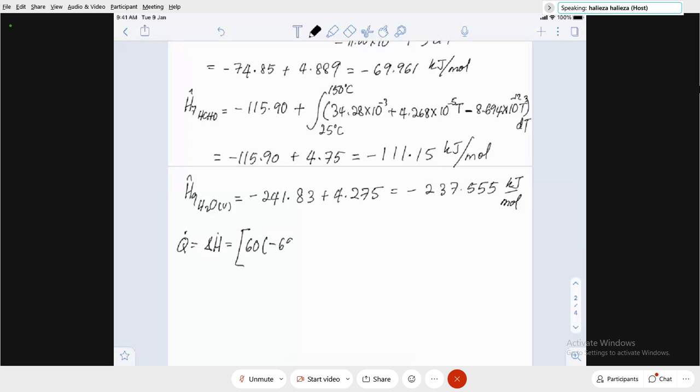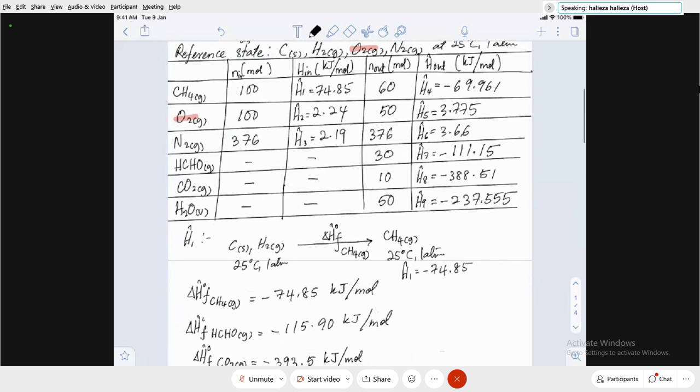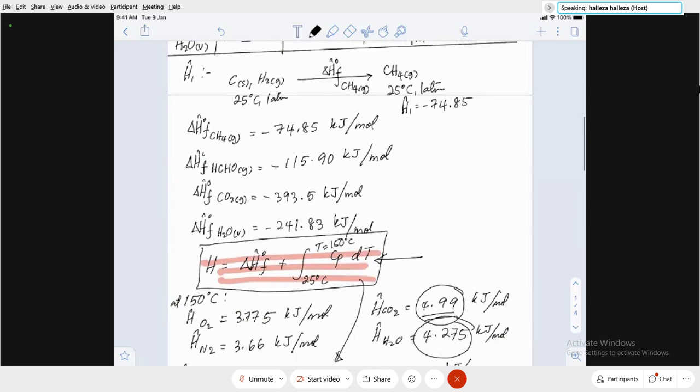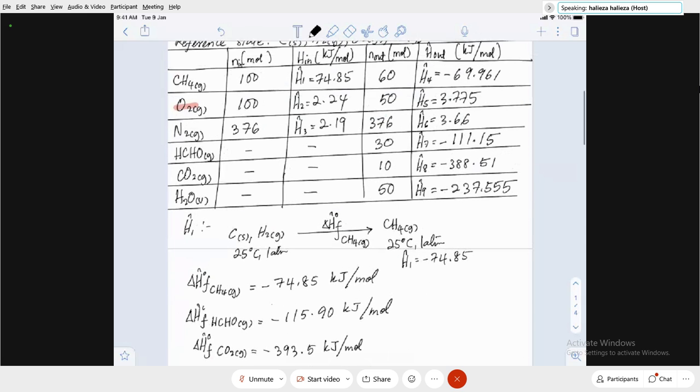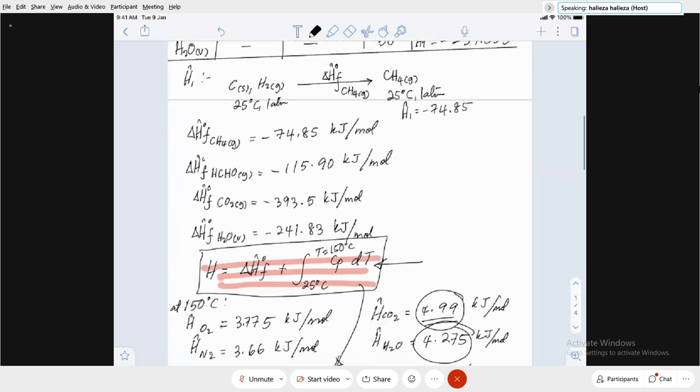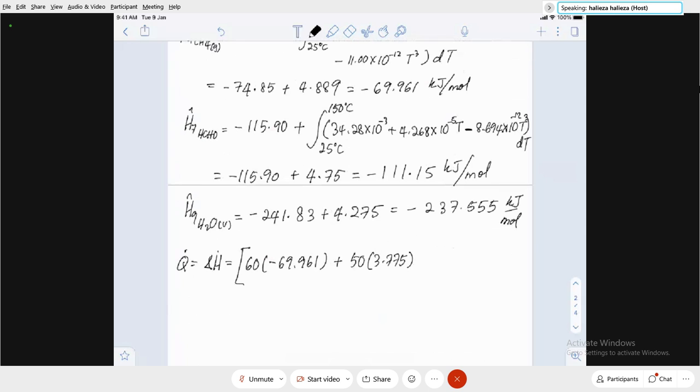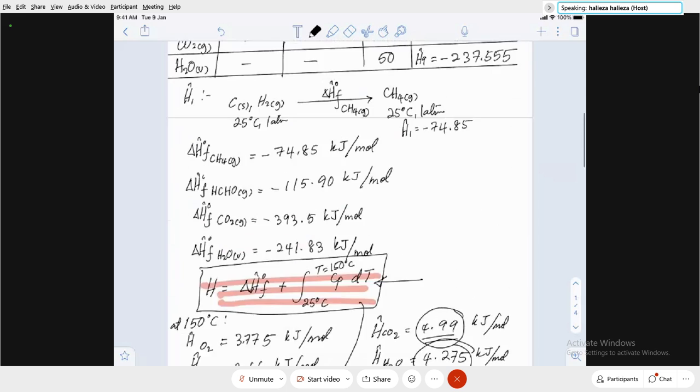I'm not sure our enthalpy is the same as the textbook. The textbook has 59,961, and for the oxygen, 50 moles with 2.775. The values of the enthalpy are not the same as the textbook. For nitrogen, the enthalpy listed in the textbook is 4.655.